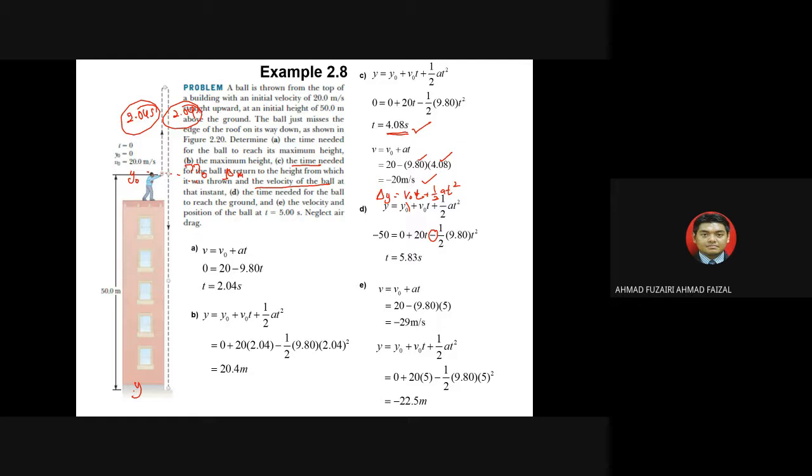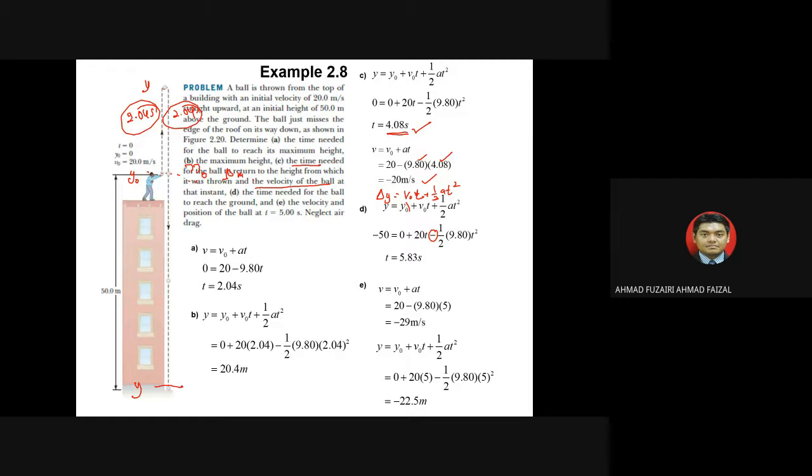Macam saya cakap, dalam equation ni ada dua Y. Satu Y dekat sini, which is the final position after the stone reach the ground. Lagi satu Y dekat sini, which is Y bila the maximum height. Macam mana nak tahu beza dia? Kita tengok pada timing.